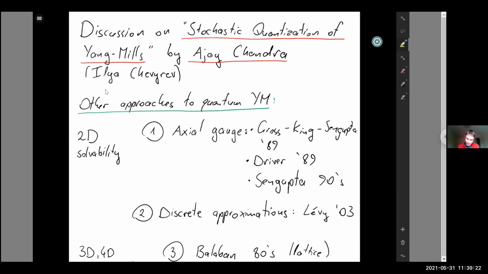Then this idea was taken up later by Sengupta in a couple of publications in the 90s. Both of these papers work with R2, so on the whole plane, and then this paper of Sengupta works on an arbitrary, say, compact manifold.